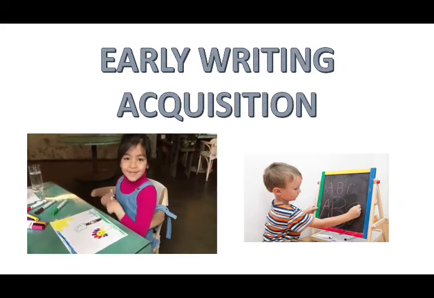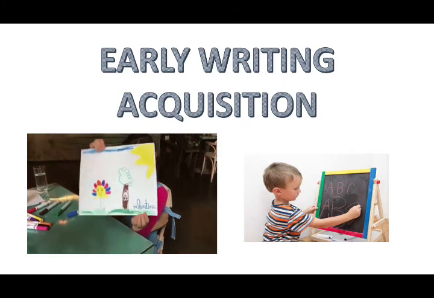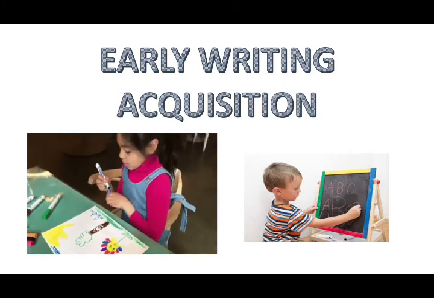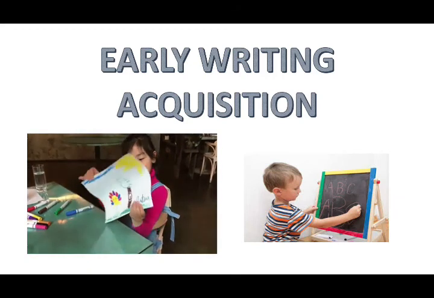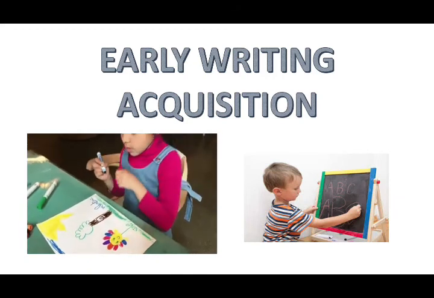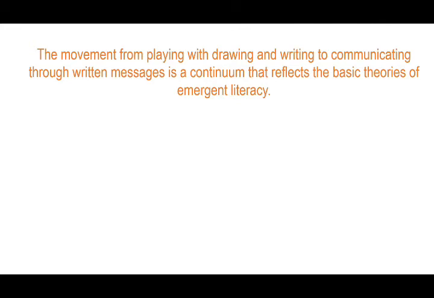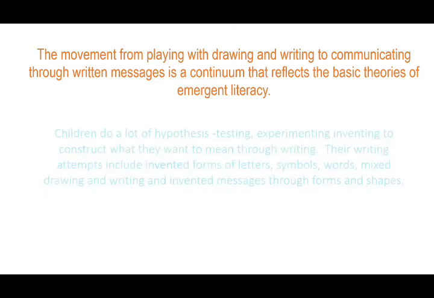Okay, so let's proceed with another language skill, and that is writing. So, how do we acquire writing? Early writing acquisition. Now, the movement from playing with drawing and writing to communicating through written messages is a continuum that reflects the basic theories of emergent literacy.